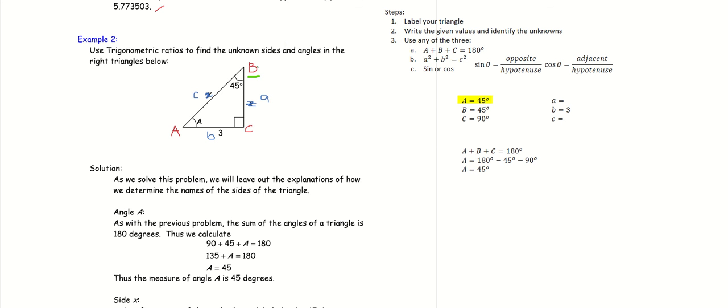And if you want B for your angle, then this one will be the opposite side. And this is the adjacent side.